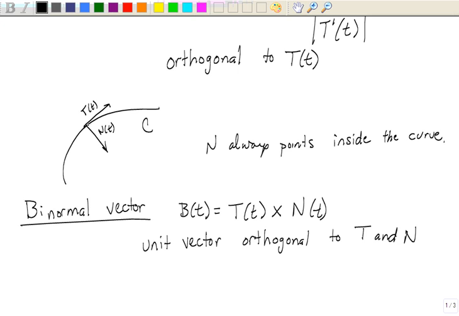If you form a box, then B is coming straight out of the box, orthogonal to both of those. That's called the binormal vector. And let's draw r right here. If this is 0, r is a position vector.